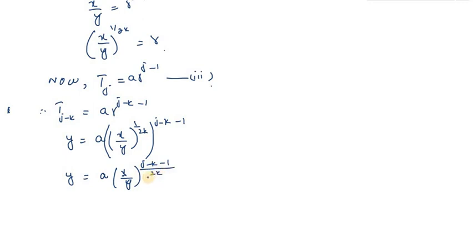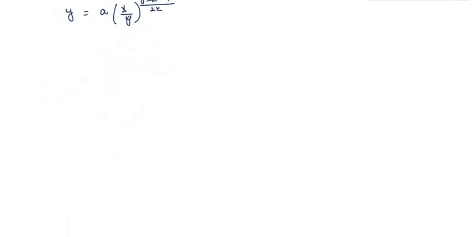So upon 2k. We find the value of a from this expression. So a is equal to y upon x upon y to the power j minus k minus 1 upon twice of k.